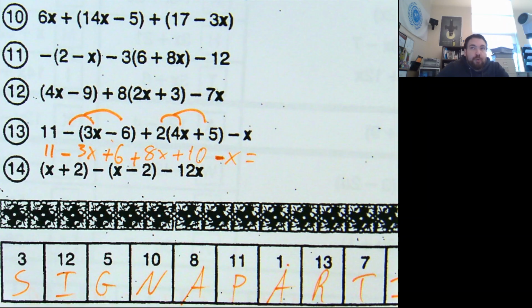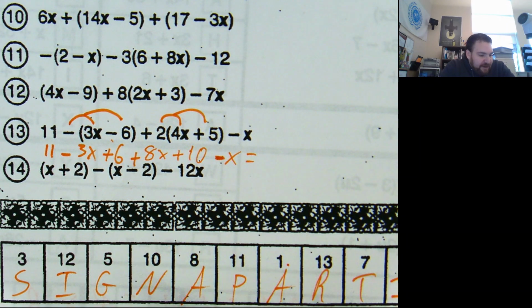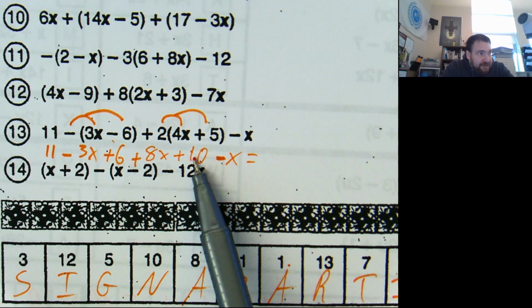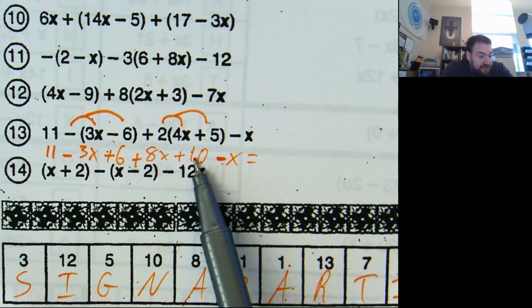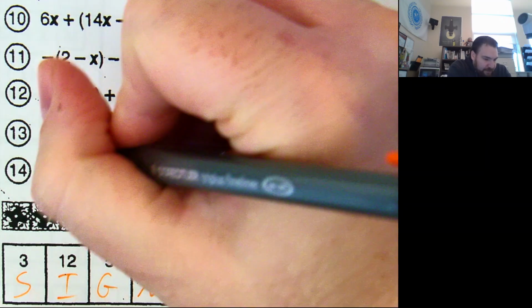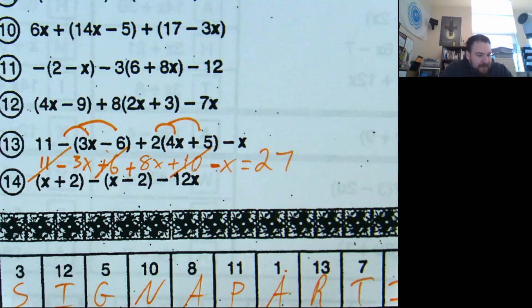And now we're going to group our like terms. 11, 6, and 10, all positive. Grouping those like terms is going to give us 27. Good. That's boom, boom, and boom.